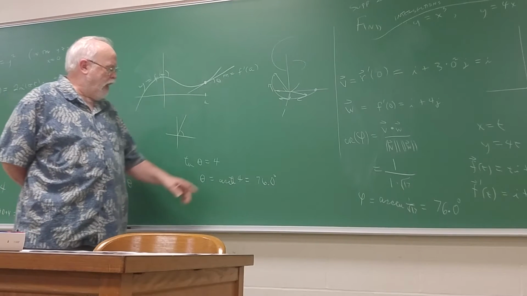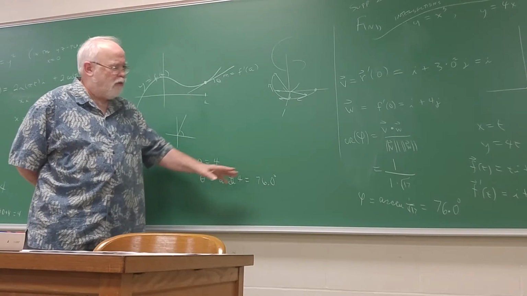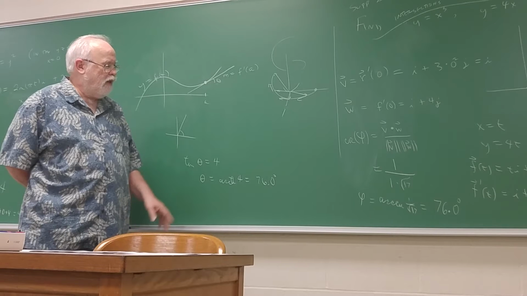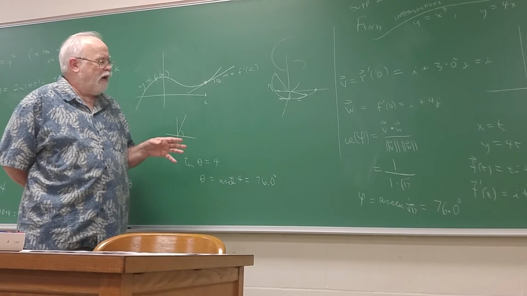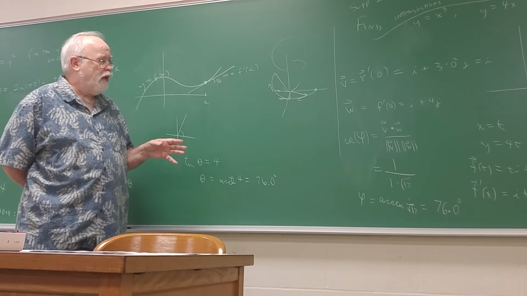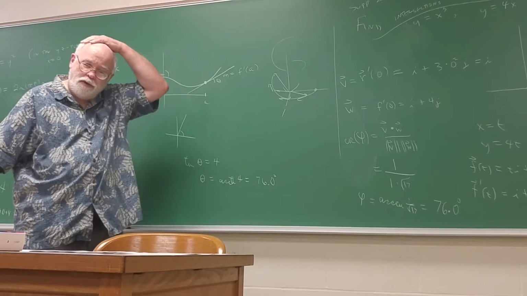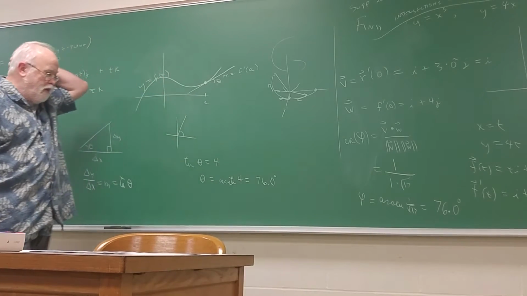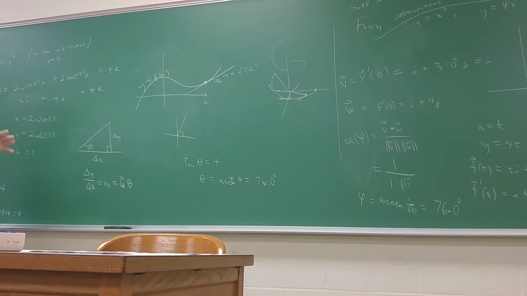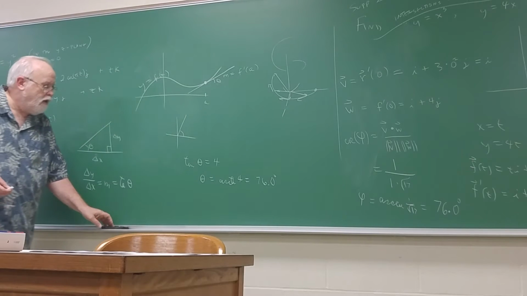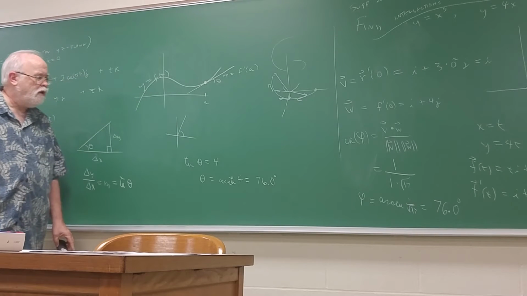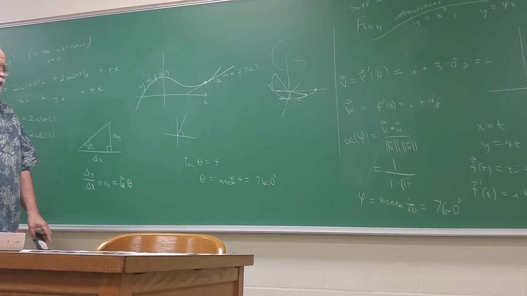How can I predict that it comes out the same? I can think of a couple of ways. For one thing, it is the same angle, so it better come out the same. But look under the hood. Why did they come out the same? And the answer would have to be trig identities.